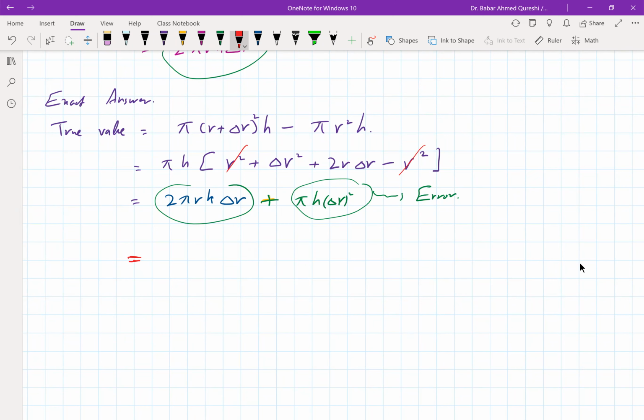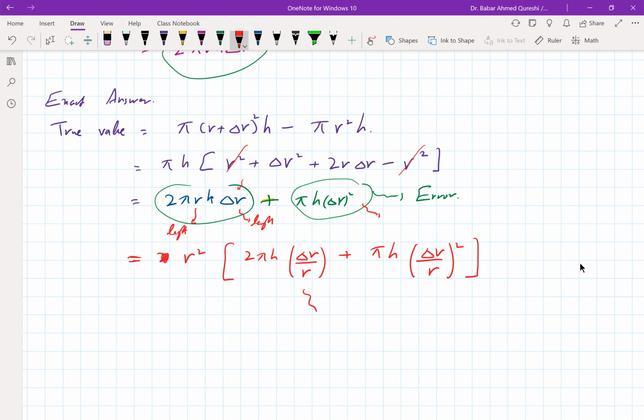I'm just making a comment: how do you know that this error is small compared to this? Well, when you're comparing two numbers, always compare dimensionless quantities. This delta r is a thickness, something like a length, and this is also a length. So if I take r square outside, I get dr over r here, and dr over r square here.